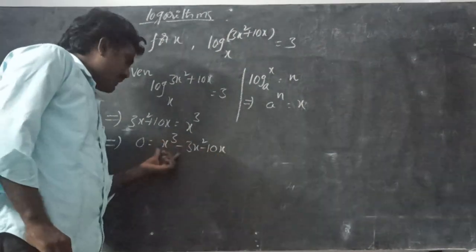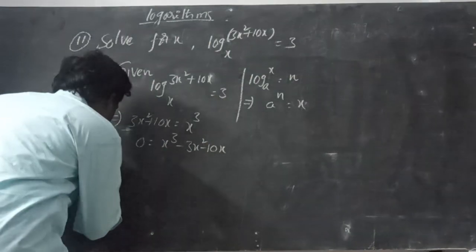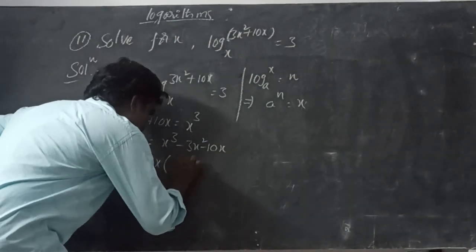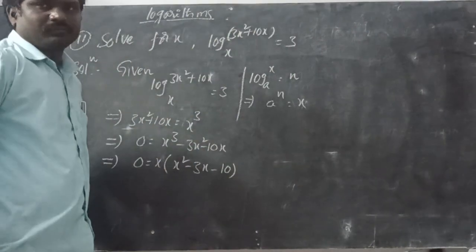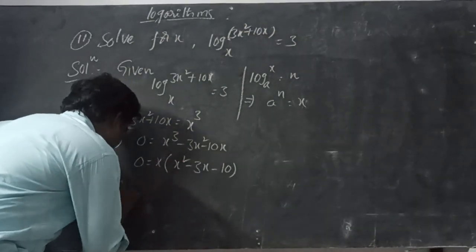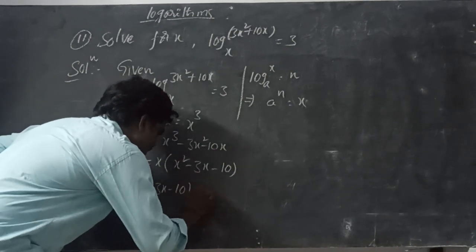In these three terms, what is the common factor? x is taken outside. 0 is equal to x(x² − 3x − 10). So x(x² − 3x − 10) is equal to 0.